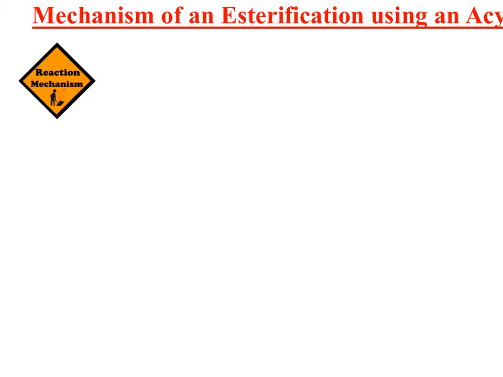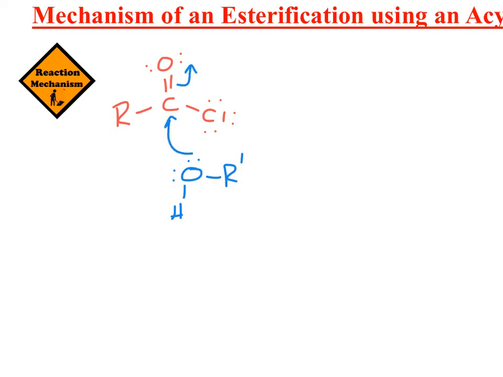So again, we'll start with a general acyl chloride, shown here, and we're going to react this with some alcohol, shown here. The first thing is addition. Attack the carbon of the carbonyl. That yields a tetrahedral intermediate.